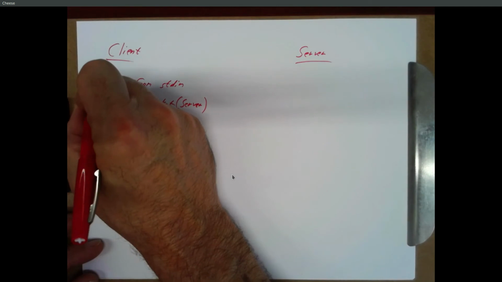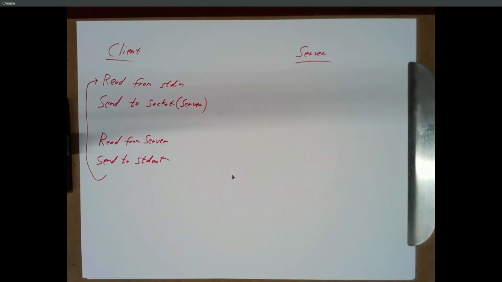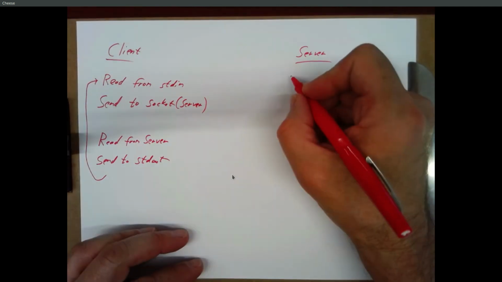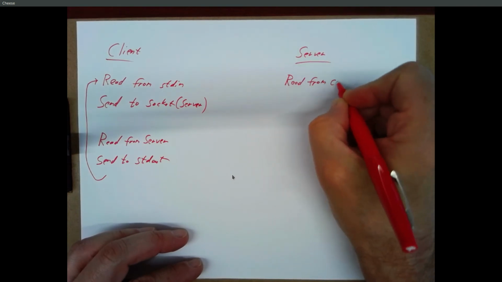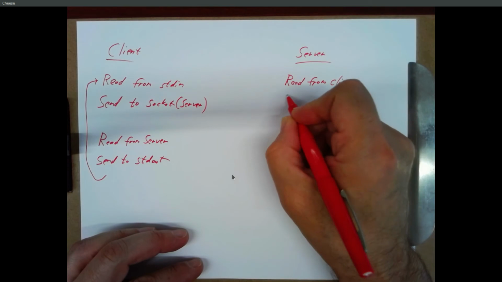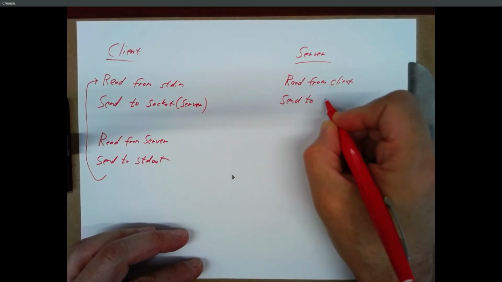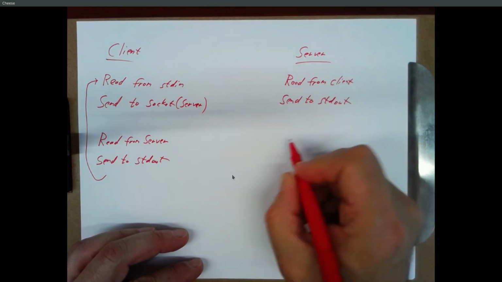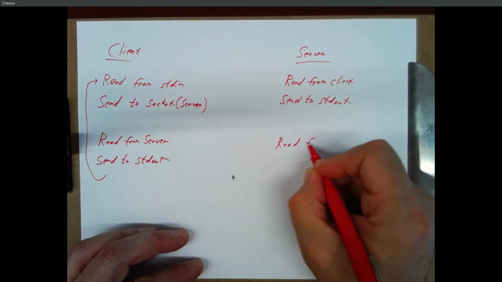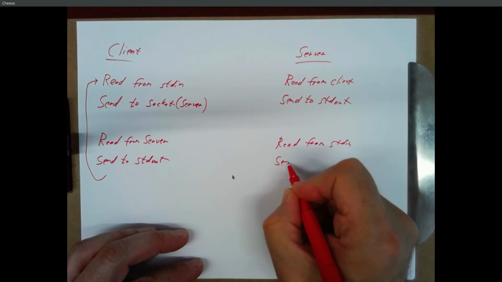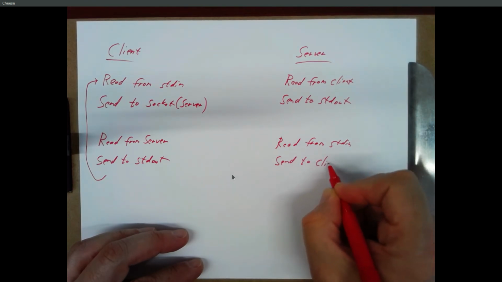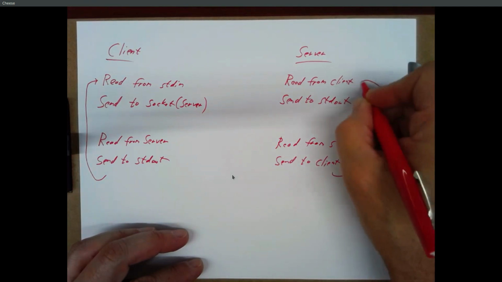And go back and do it again. And on the server side, same thing. Read from the client, send to standard out, read from standard in, and send to the client. Go back up.